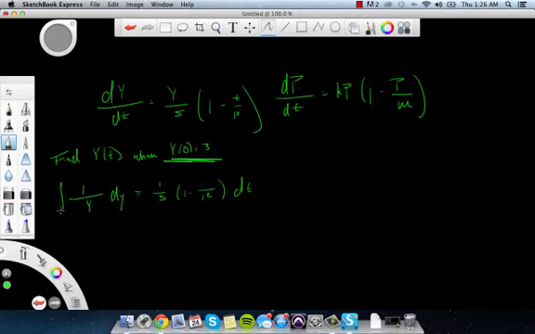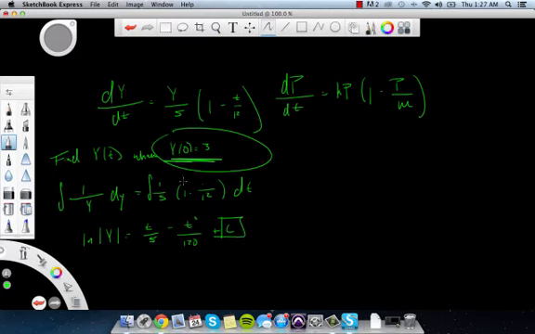We'll integrate each side, and we'll end up with the natural log absolute value of y is equal to t over 5 minus t squared over 120 plus c. So this is what we have to solve for, and we have our initial condition here.